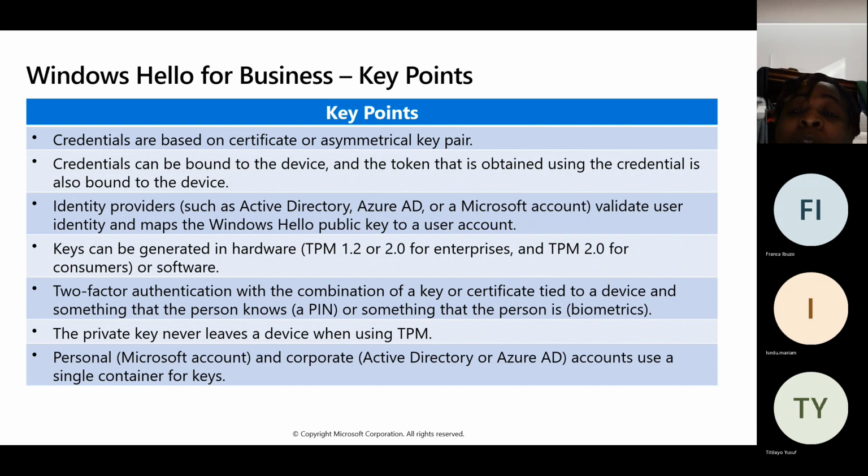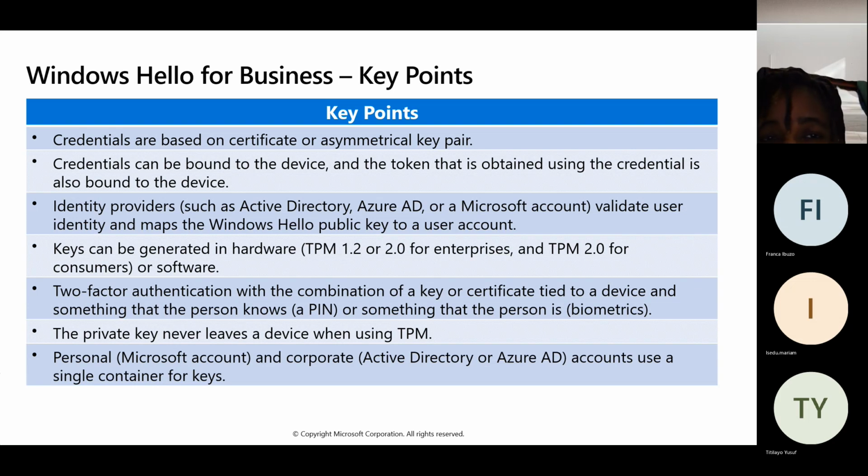Some technical key points to note: the credentials for Windows Hello are encrypted. They use certificate or asymmetric key methods, and they are tied to the device. So if you set up Windows Hello on device A, you have to set it up on device B too.